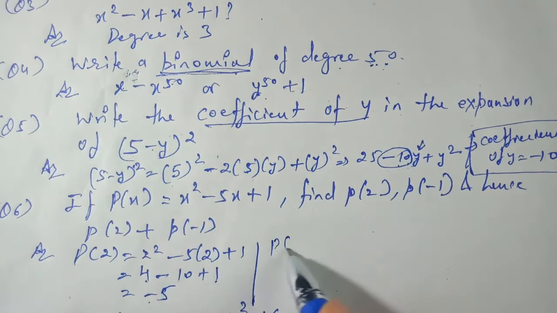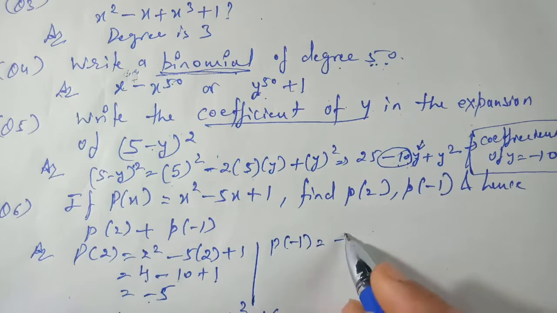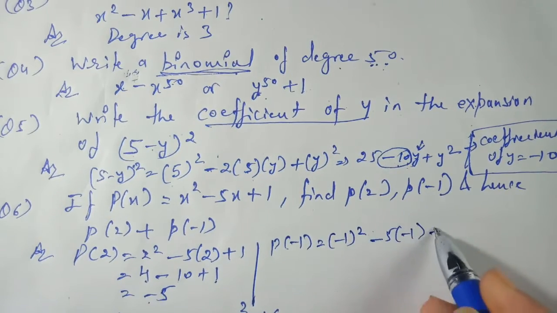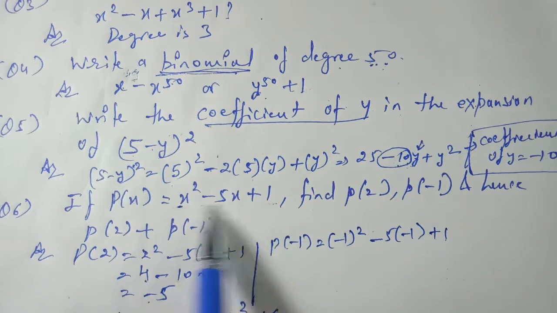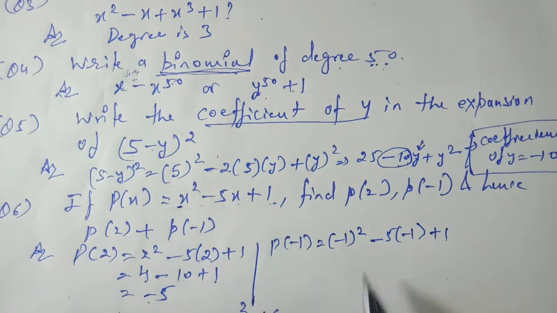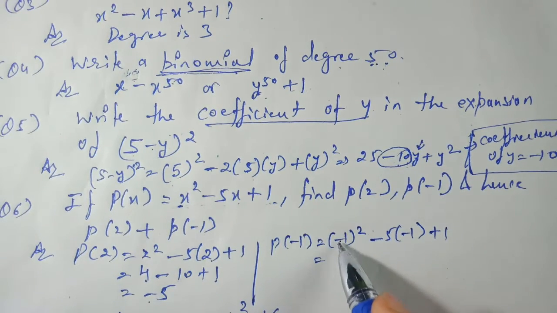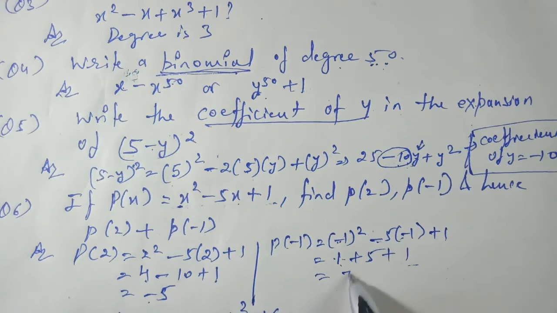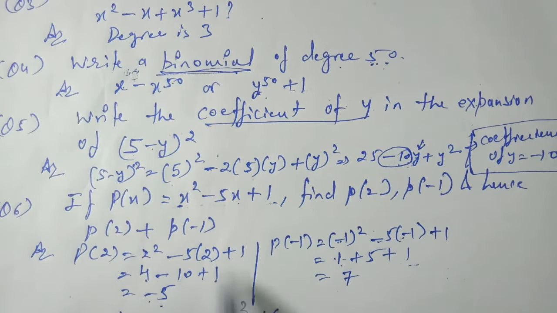Now p(minus 1): minus 1 whole square minus 5 into minus 1 plus 1. Substituting in place of x, minus 1 square is plus 1, minus minus is plus 5, and plus 1. All are positive, so they are added: 7. So p(2) is minus 5 and p(minus 1) is 7.